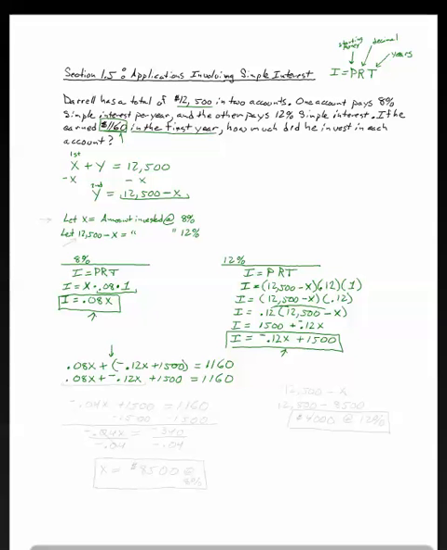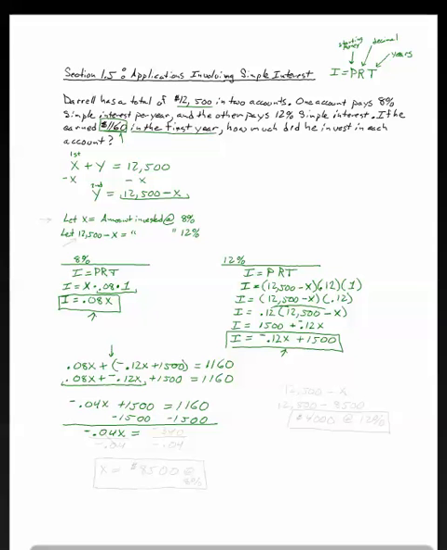Now we combine our like terms. 0.08 plus negative 0.12 is going to give me negative 0.04x plus 1,500 equals 1,160. Now I can subtract 1,500 from both sides. That's going to give me negative 0.04x equals.